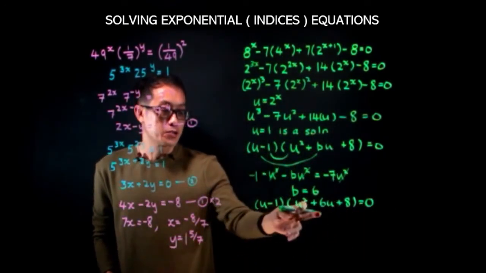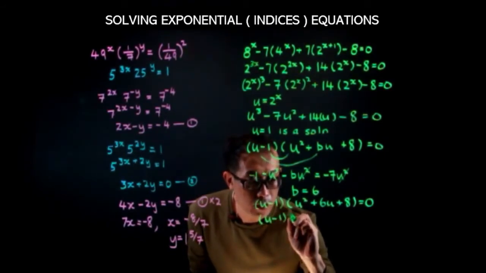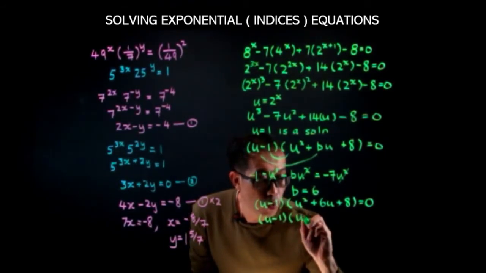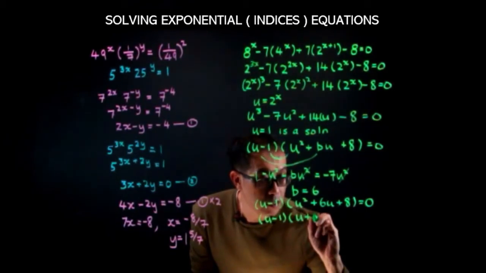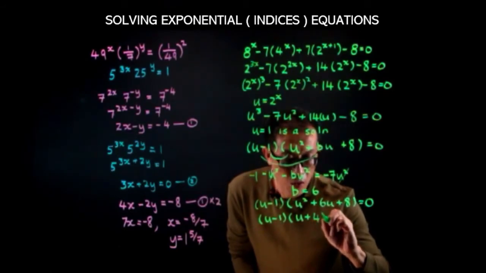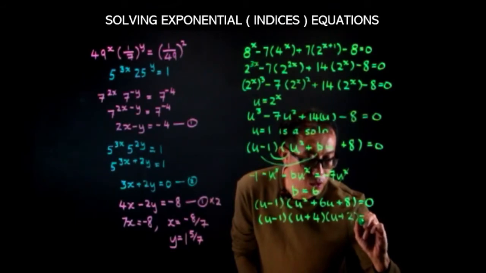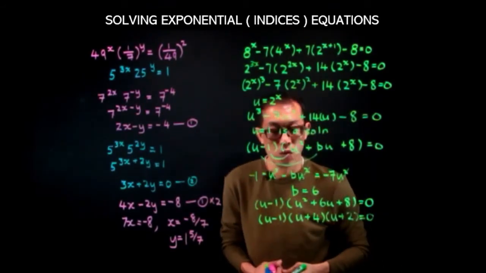Okay, now this one you can factorize. So you got u minus 1 into u plus 4 into u plus 2 is equals to 0.